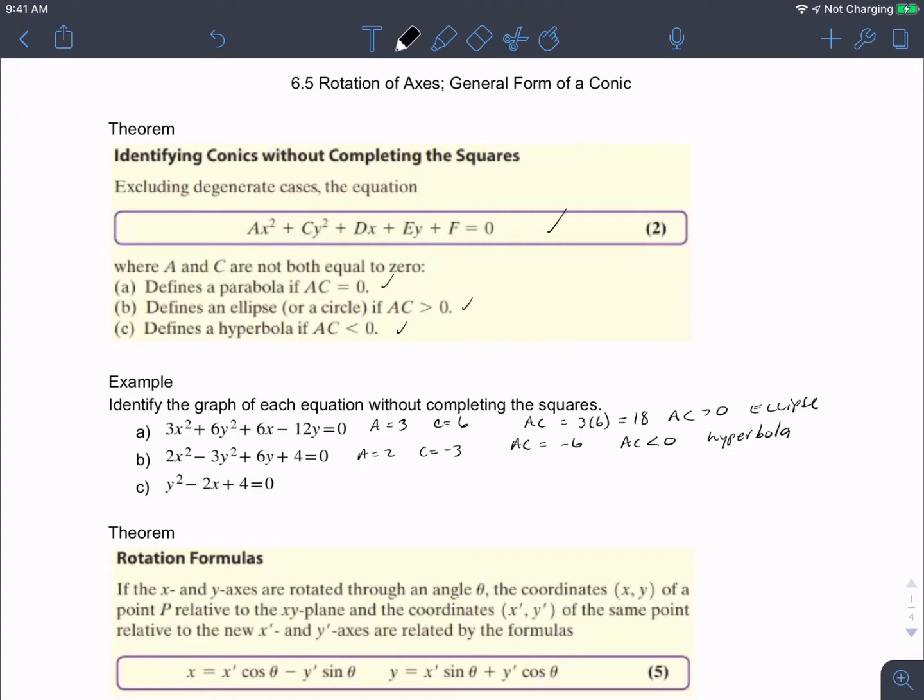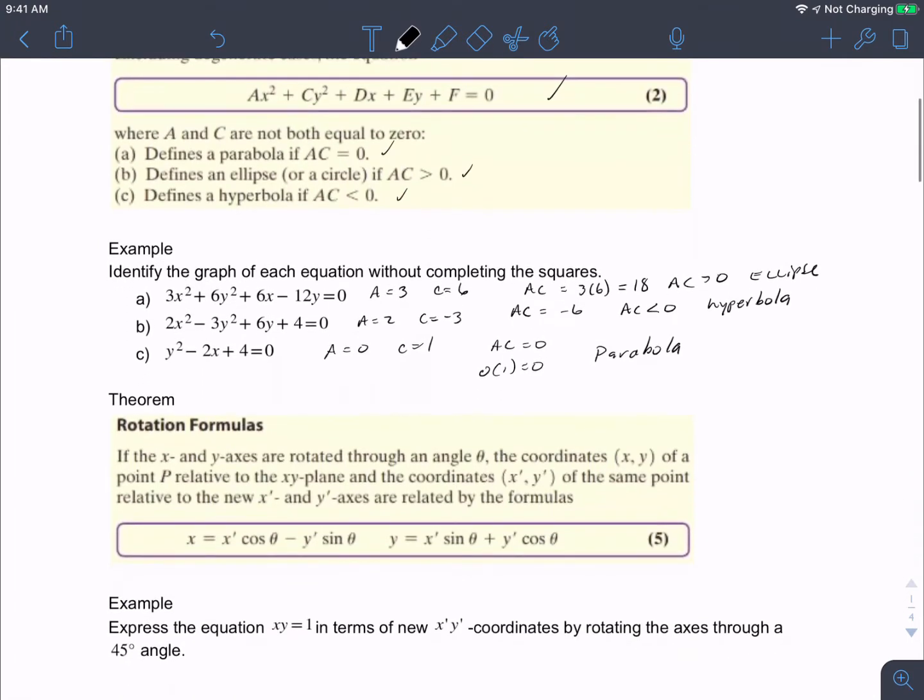And then this last one, we can already see: A is 0, C is 1, and so A times C is equal to 0, because 0 times 1 is 0, and so this is clearly going to be a parabola. This is how we classify these different types of conics without completing the square.